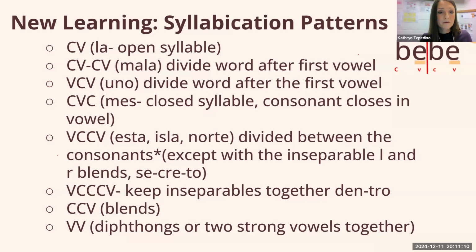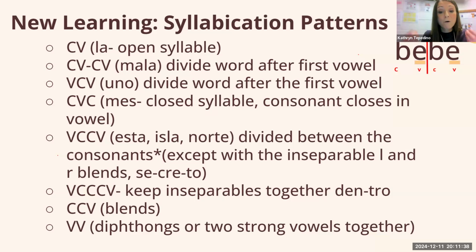So the next step is closed syllables. The great thing about Spanish is that the vowels always say the same things. How amazing is that? So in English, when we have a closed syllable, we have to teach that the consonant closes in the vowel and makes it say its short sound. In Spanish, though, they don't have to know that. They just know that when they have consonant, vowel, consonant, that's a closed syllable.